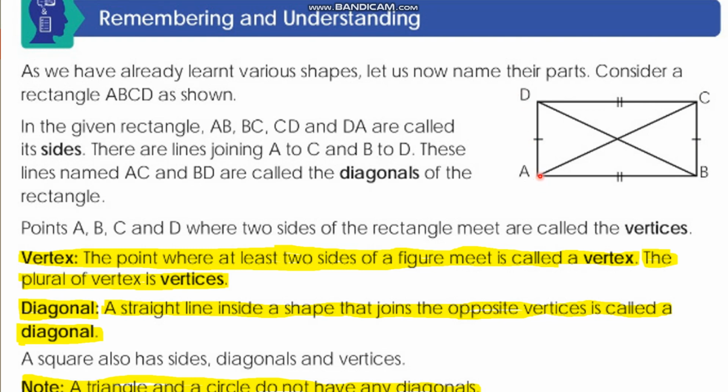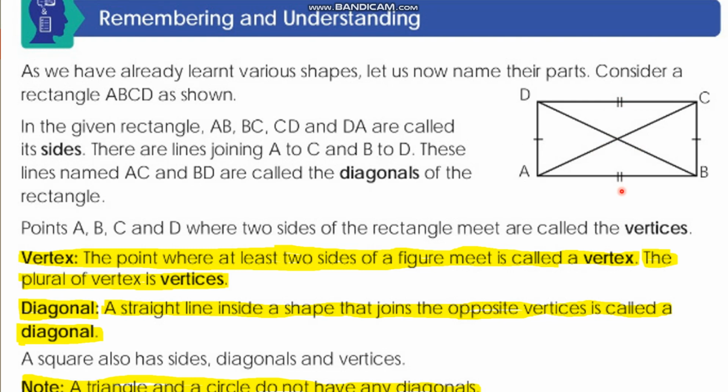And children, do you notice one small line is drawn here, isn't it? Here also the same. And look here, two lines are drawn, and here also two lines. Do you know what is the meaning of this? This means this side and this side, these two sides are equal and these two sides are equal.